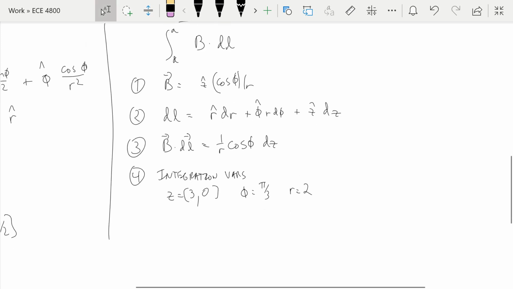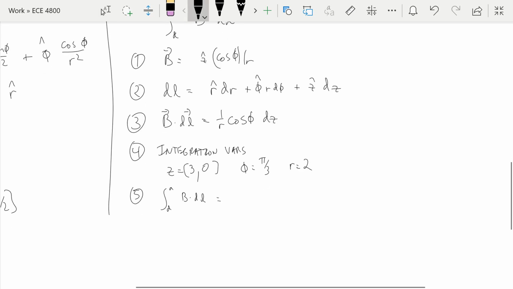All right, and the last step is to do the integral. Integral from D to A of B dot dl is going to be equal to, you go from z equals 3 to z equals 0, B dot dl is 1 over r cosine of phi dz.